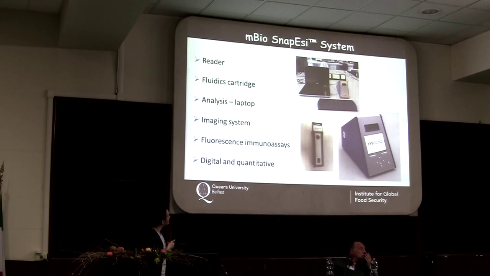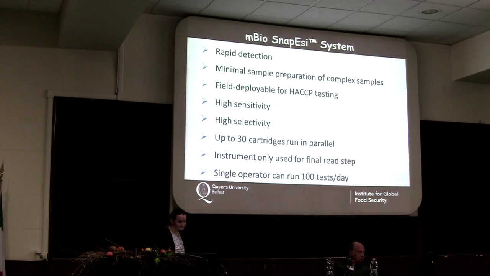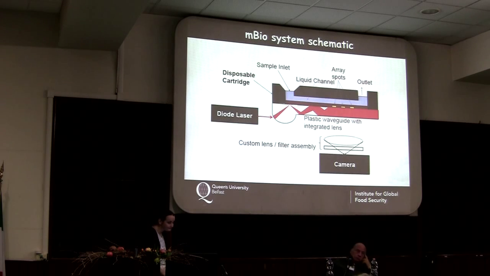The fluidics cartridge, which is here, an imaging system in the reader, and the digital, and it's quantitative. It offers rapid detection. It offers also minimal sample preparation. It's field deployable, highly sensitive, highly selective, and you can analyse up to 30 cartridges in a parallel run. And the instrument is only used for the final read step. A single operator can run over 100 tests per day.